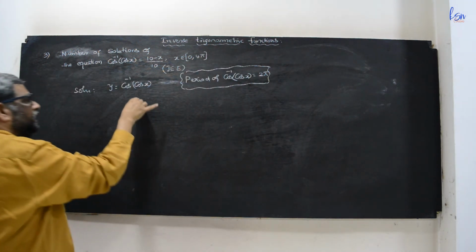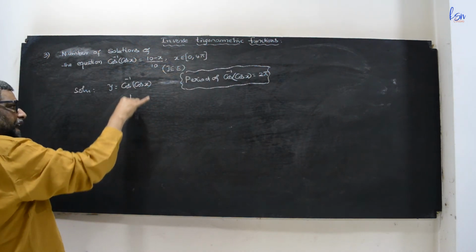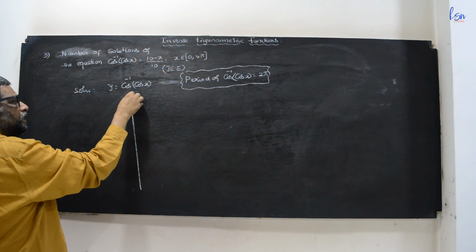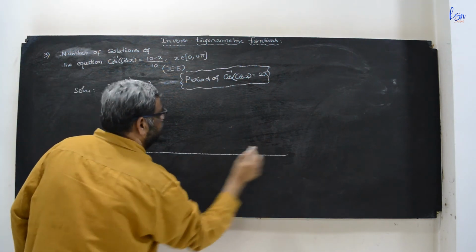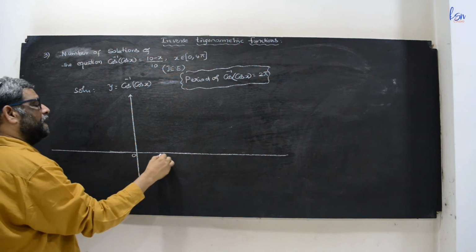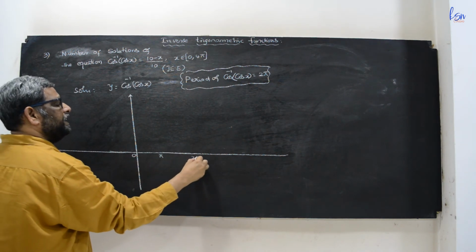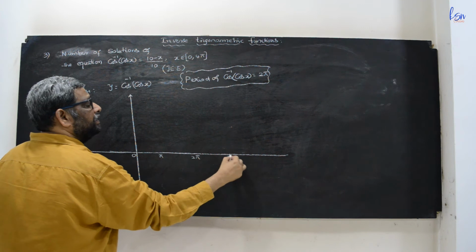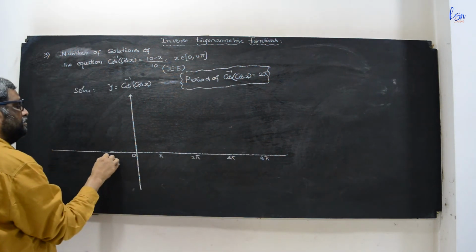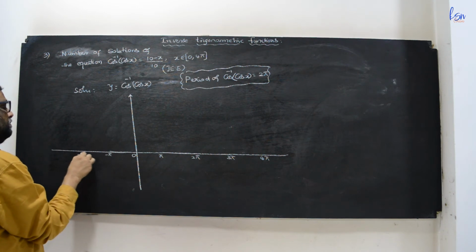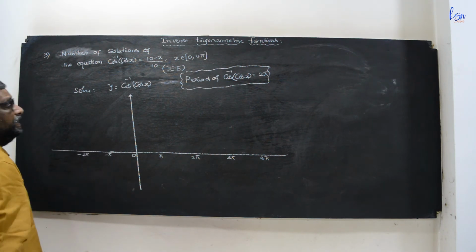And now let us consider the graph. This is 0, pi, 2 pi, 3 pi, 4 pi. And on this side it is minus pi, minus 2 pi, like this.